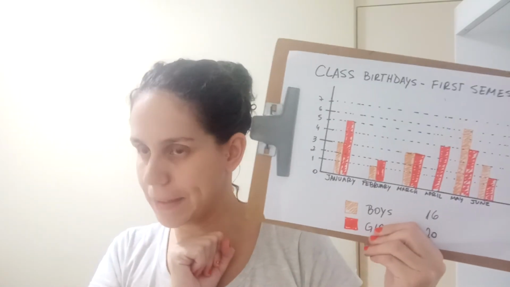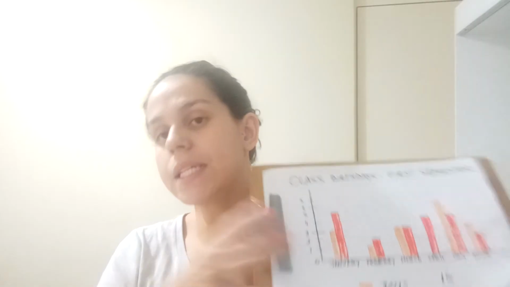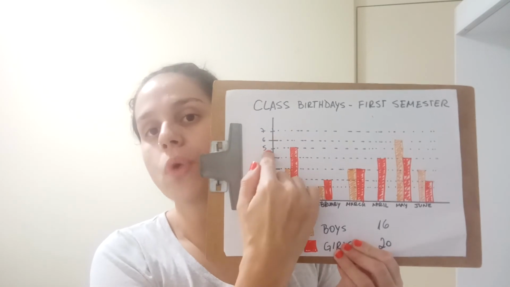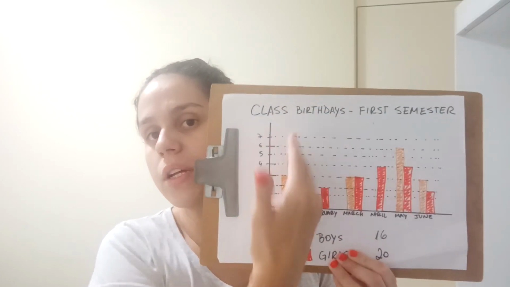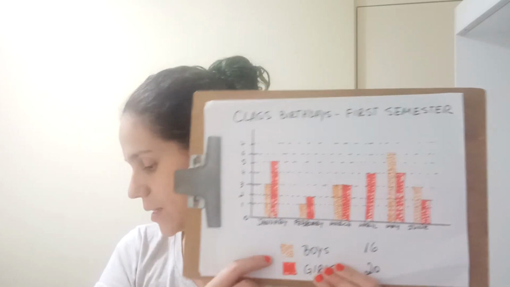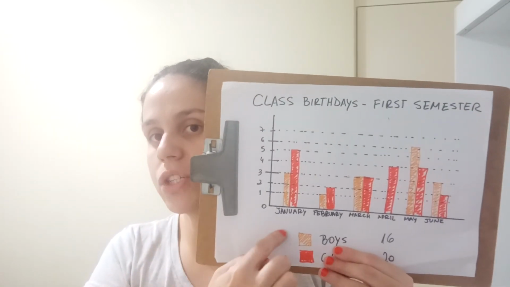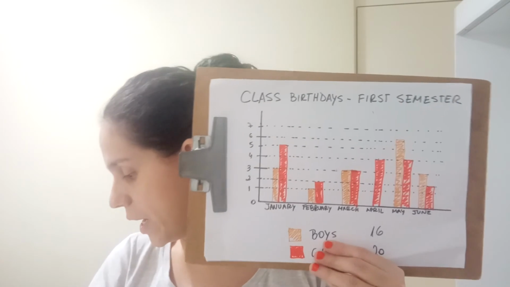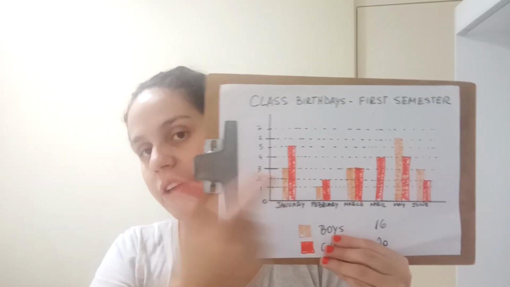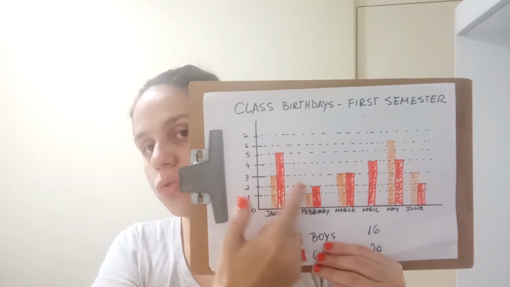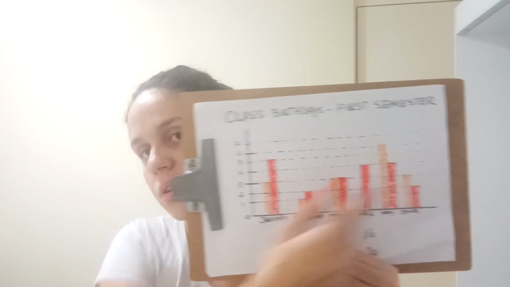So step 1, collect data. Step 2, organize the data. Step 3, draw vertical and horizontal lines. Step 4, define the information in each line. Number 5 is you choose the color.